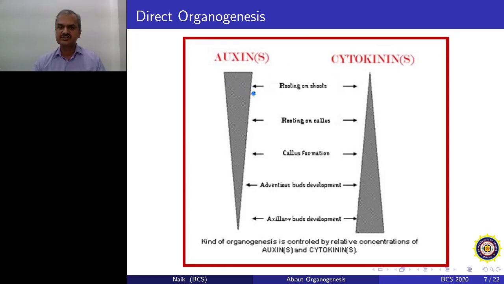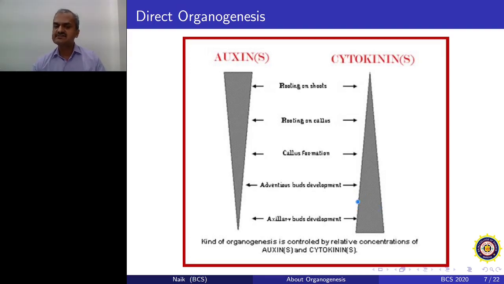If the auxin concentration is high, there is a likely chance that that particular explant or that particular shoot will form in vitro roots. Now, if the cytokinin concentration is really high, the pre-existing meristem which is present in the axillary bud and in the apical bud will give rise to shoot proliferation, which we call shoot sprouting and elongation. That sprouting and elongation will generally happen on a high cytokinin media.